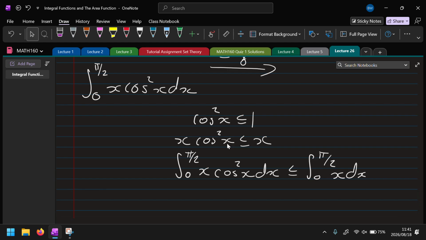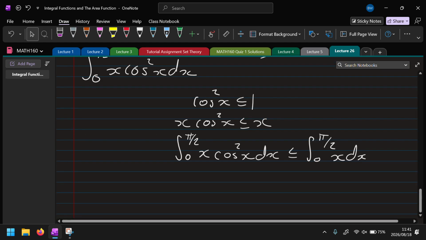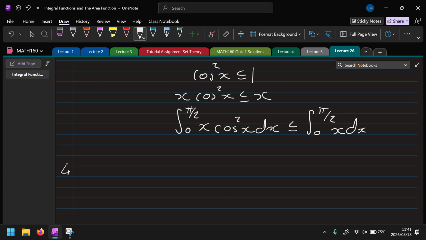Oh, good. Okay, and then the last one, number 4. We had the integral from -1 to 1, root 1 plus x to the 4 dx was less than or equal to 2 root 2.